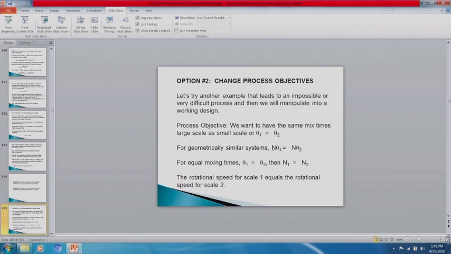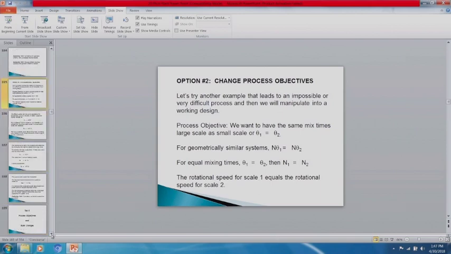If you keep the geometry constant, then N theta is constant. So for equal mix times, theta 1 equals theta 2, and then you have N1 equal to N2 very quickly. So for scale up, rotational speed on scale 1 equals rotational speed on scale 2.